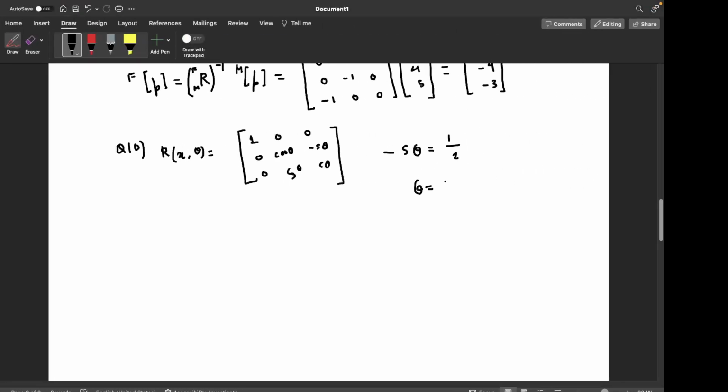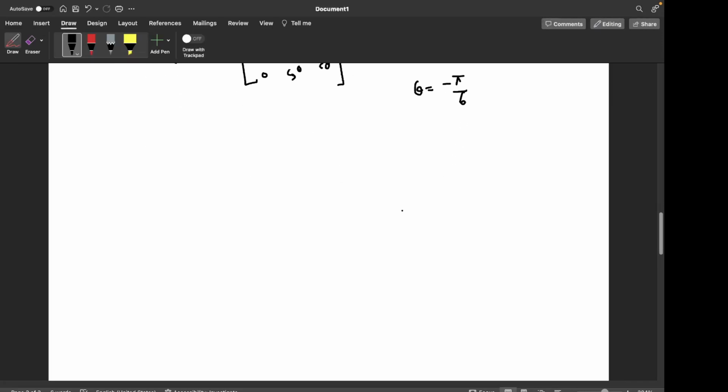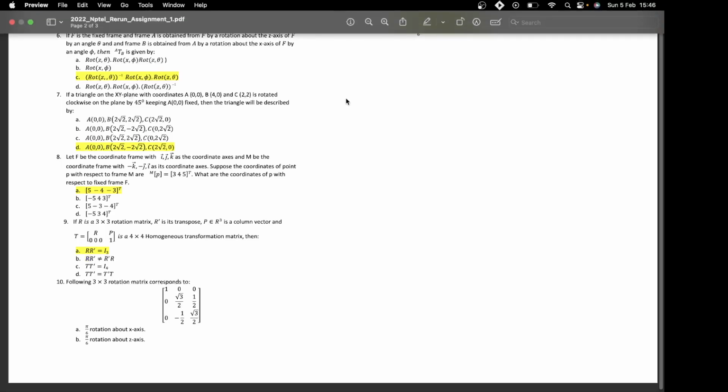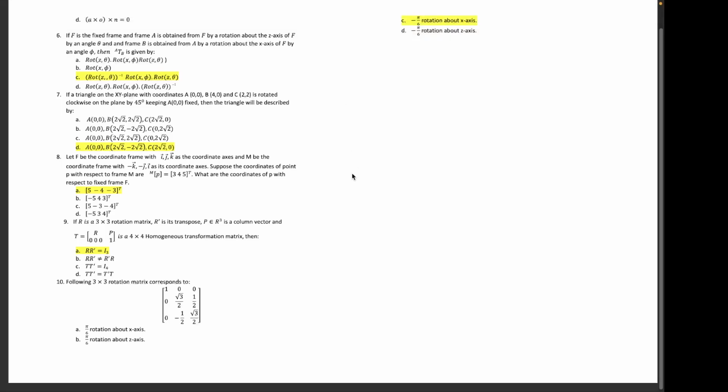So theta should be minus pi by 6. What does the minus sign denote? It denotes that the rotation is in clockwise direction about x-axis, right? So this covers up the first assignment.